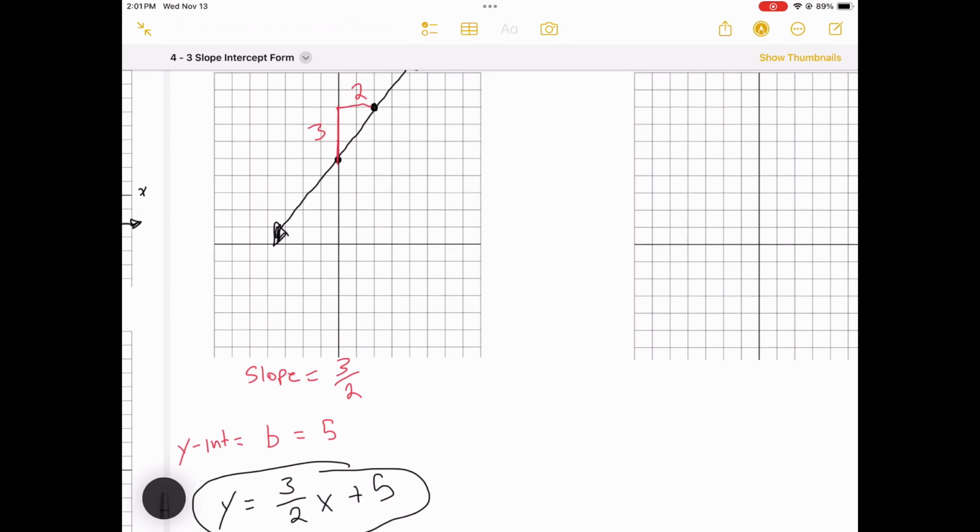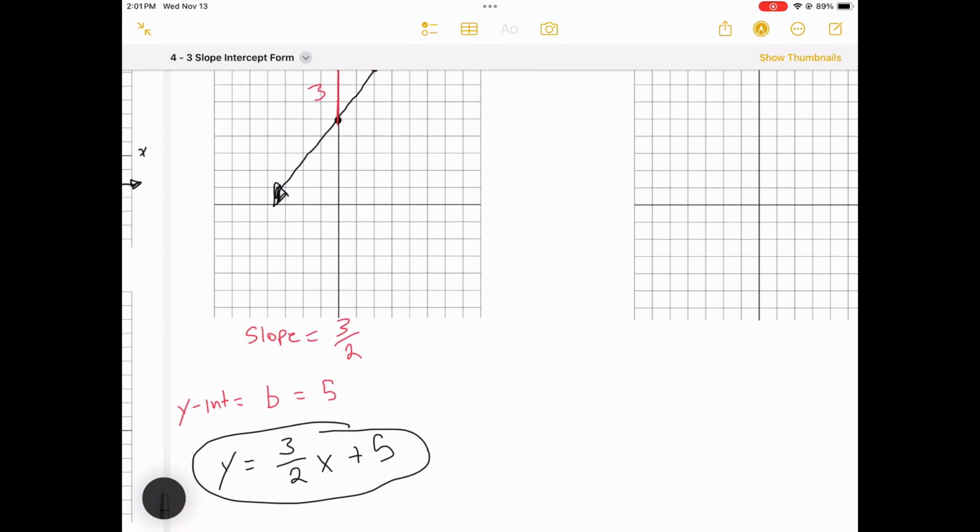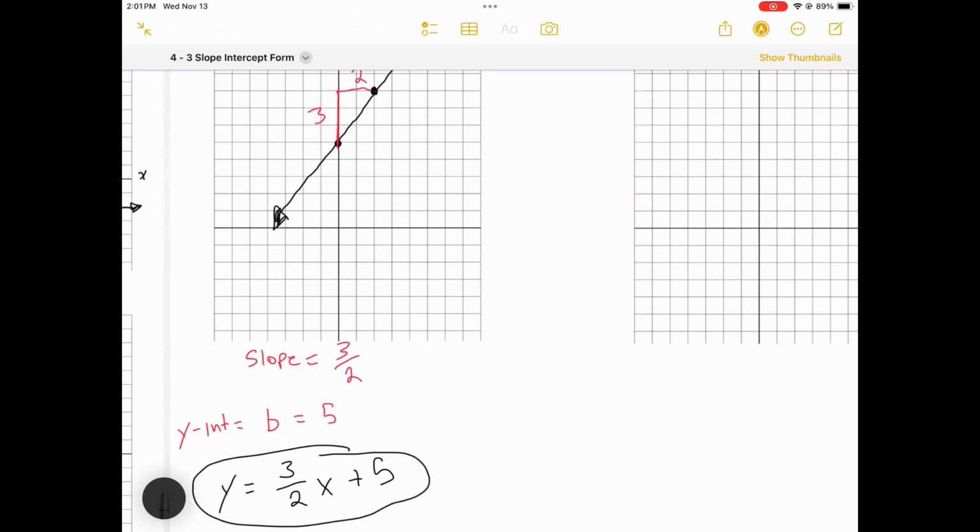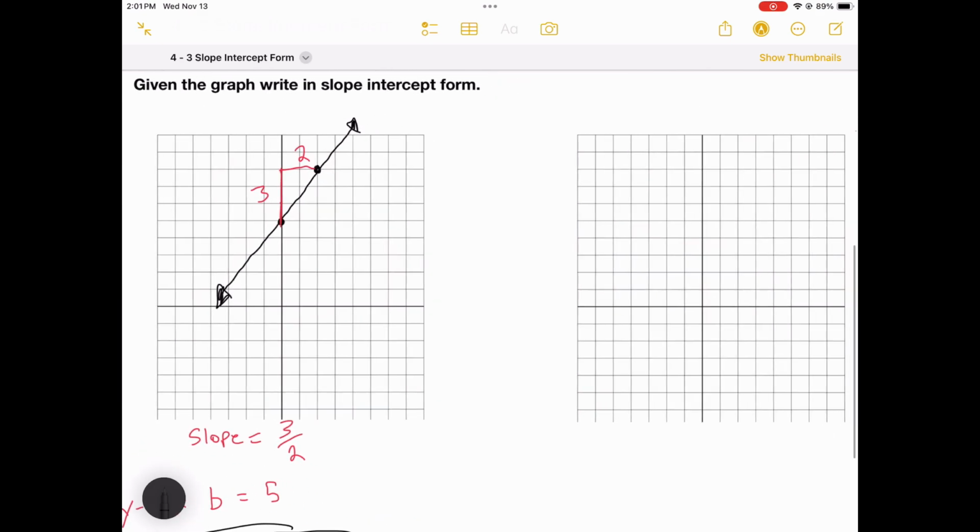Let's do another one, but this time let's deal with a negative slope just to give us a little practice. And let's also do a negative y-intercept. There you go. That should do it. Again, given the graph, write in slope-intercept form.